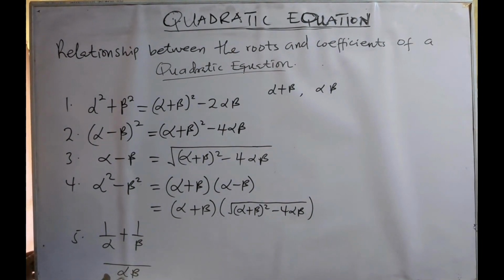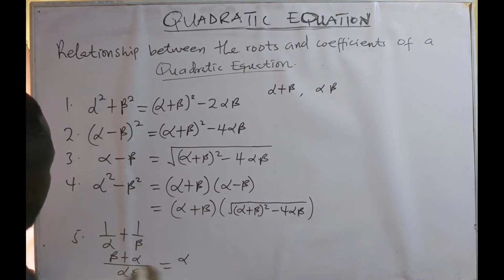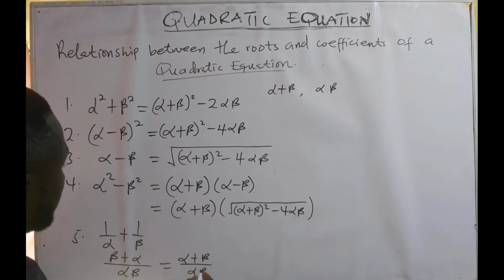Alpha goes into alpha, 1 remaining, beta times 1, so I have beta. Beta goes into beta, 1 remaining, alpha times 1, so I have alpha. I can write it as alpha plus beta divided by alpha beta.